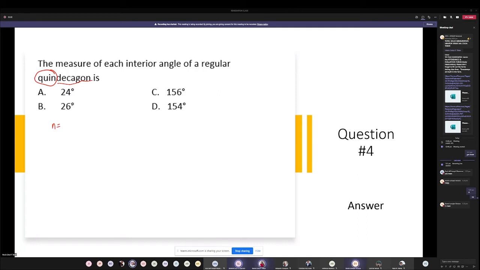Okay, so 5 plus 10, so it's 15. So we need to solve for each interior angle. Again, we have the formula for that: the sum of all interior angles, which is n minus 2 times 180, then divided by the number of sides. So we have 15 minus 2 times 180 divided by 15.